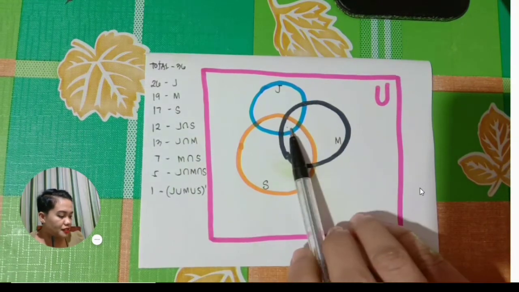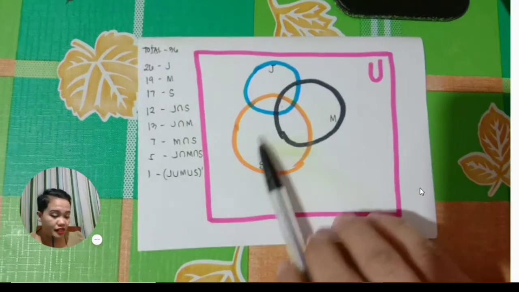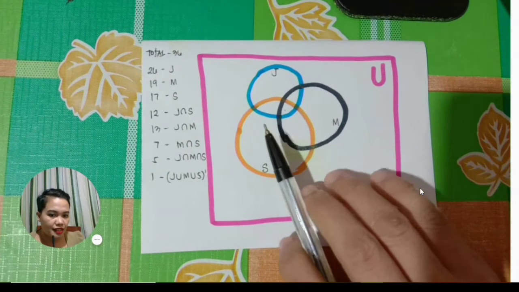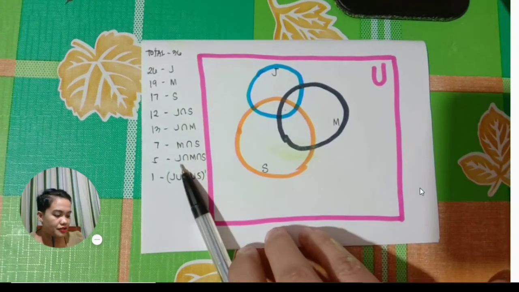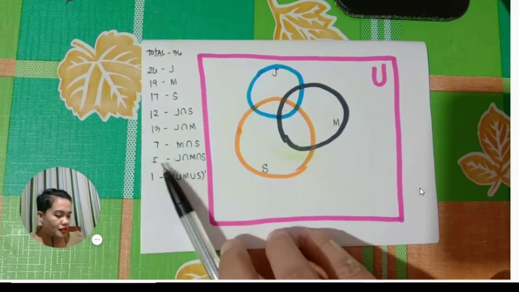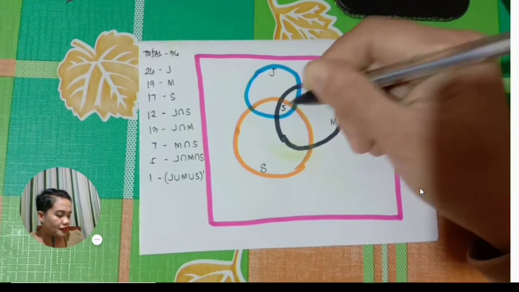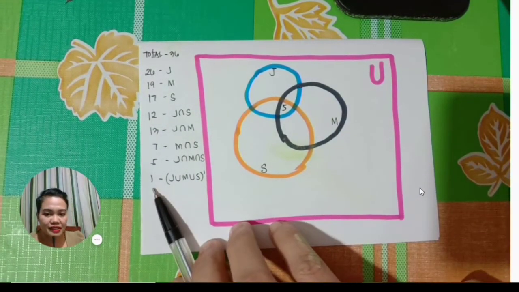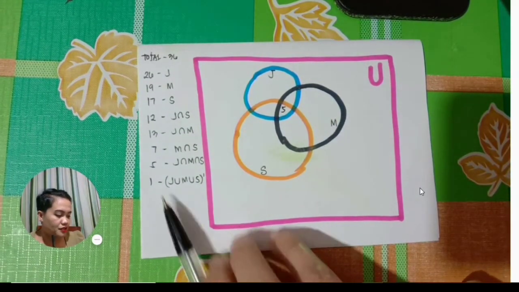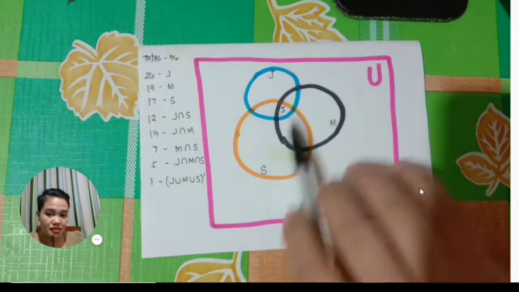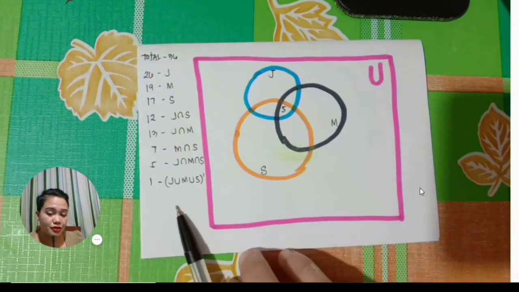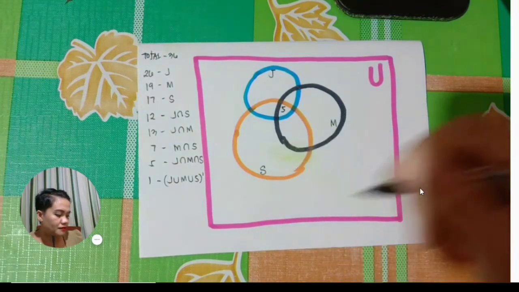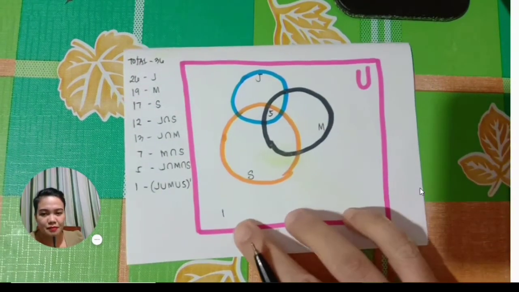That is the intersection of all these sets. And the intersection of all sets, Jollibee, McDonald's, and Subway, you have 5. You can also plot this on your Venn diagram because you know that is outside of these circles, but still inside your universal set. So you can put 1 anywhere you want. So I can put it here.